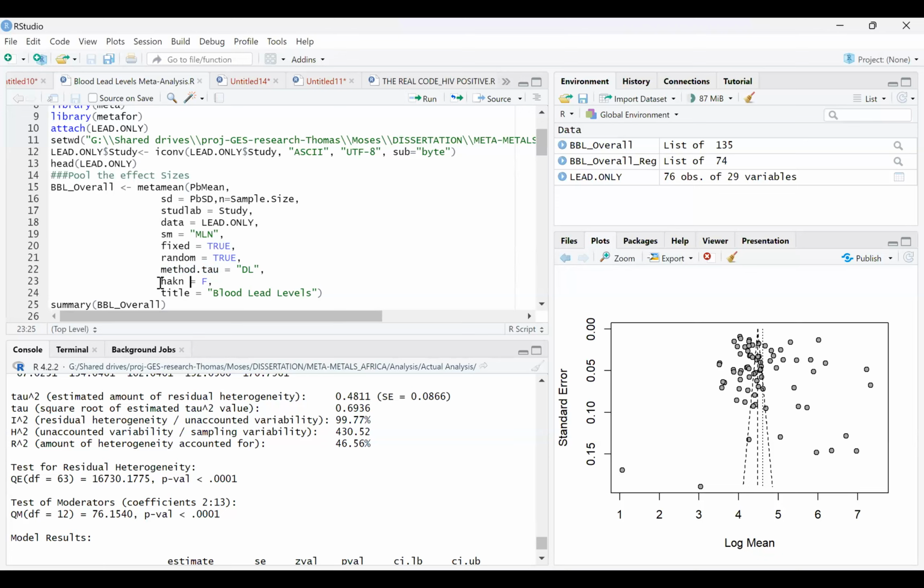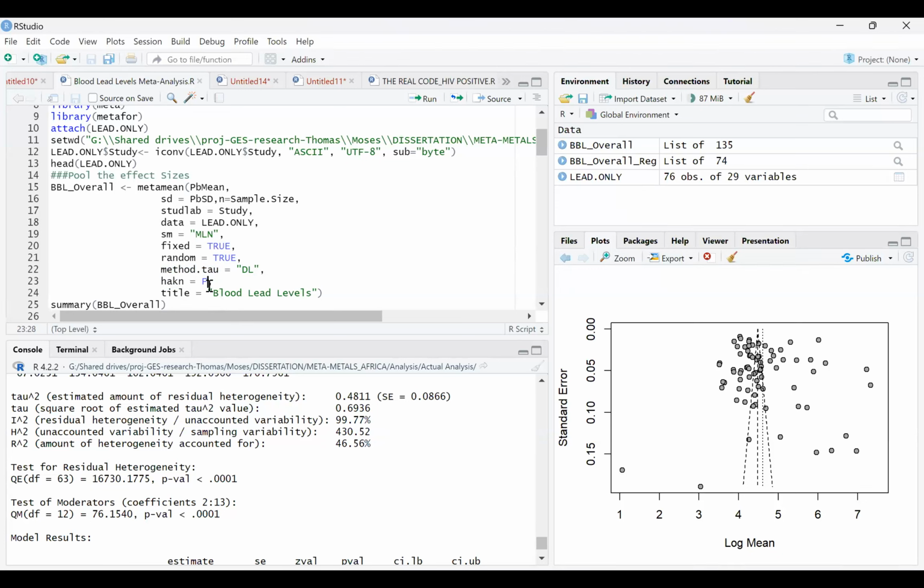And then there are also other ways of correcting the standard errors and confidence intervals, especially if you have extreme variances in your mean or extreme sample size differences. You can decide to correct the confidence intervals. I didn't, so I decided to put false.